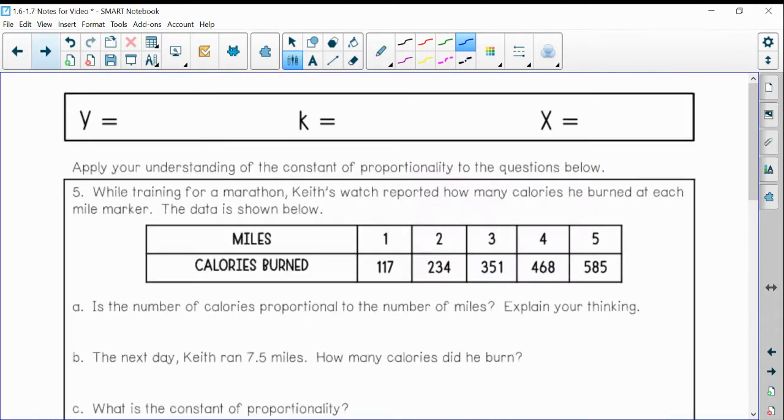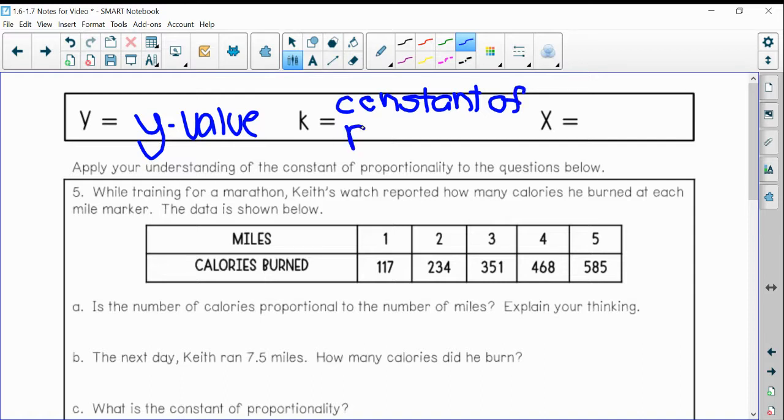And I don't like that they put this on the backs, but on the back real quick, where y equals your y value, k equals your constant of proportionality, or our rate, and x represents our x value.